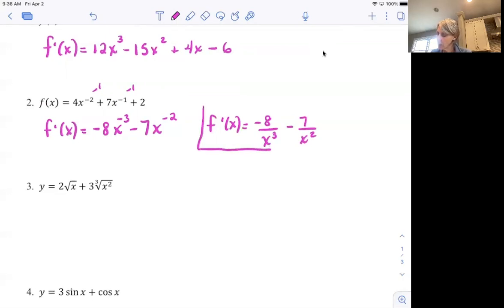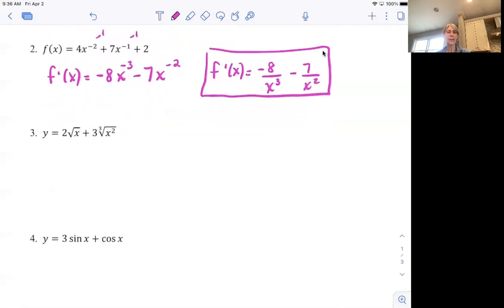And that's your answer. If y equals 2 rad x plus 3 times the cubed root of x squared, we have to rewrite this function. So we're going to 2x to the 1/2 plus 3x to the 2/3. Now, when we take the derivative, y prime, bring our power down in front, 1/2 times 2 is just 1.